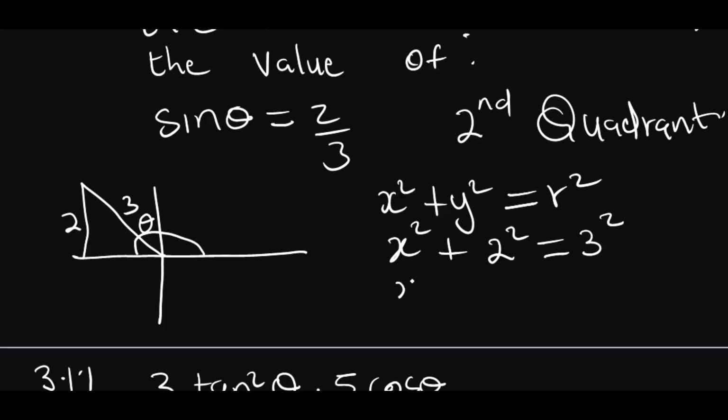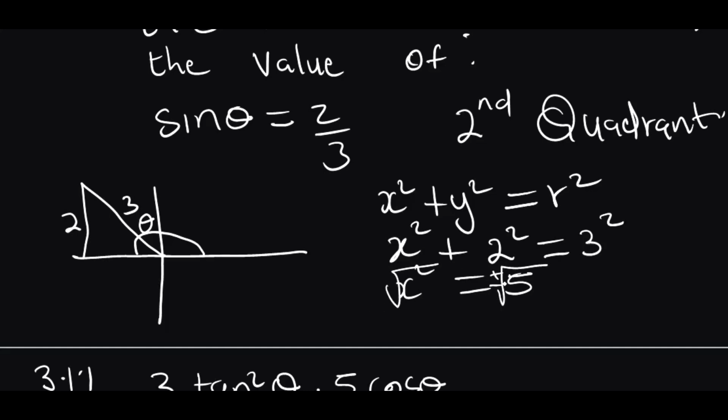Now we will have x squared equals 9 minus 4, because we transpose this 4. 9 minus 4 is 5.